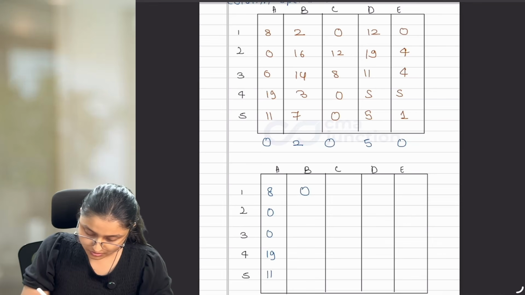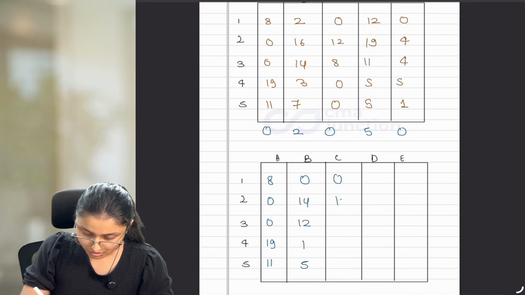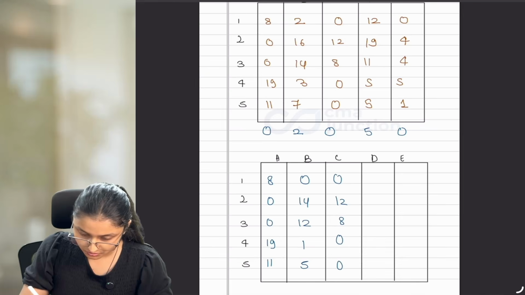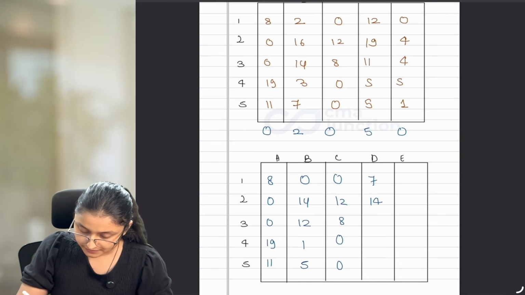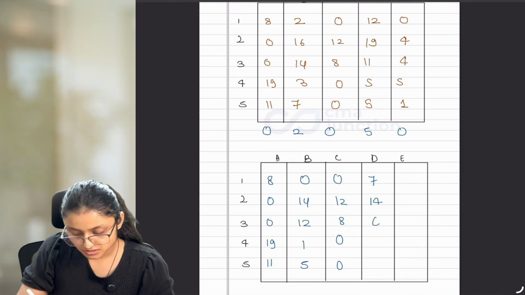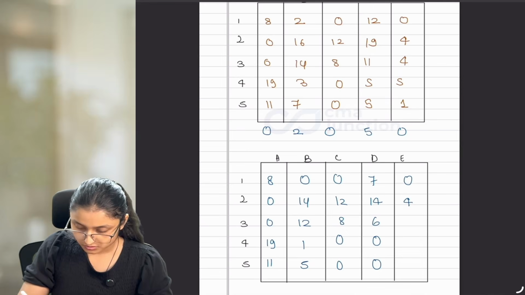Next 2 minus 2 is 0, 16 minus 2, 14, 12, 14 minus 2 is 12, 3 minus 2, 1, 7 minus 2, 5. 0, 12, 8, 0, 0. 12 minus 5 is 7. 19 minus 5 is 14. 11 minus 5 is 6. Then 5 minus 5, 0. 5 minus 5, 0. Then we have 0, 4, 4, 5, 1.